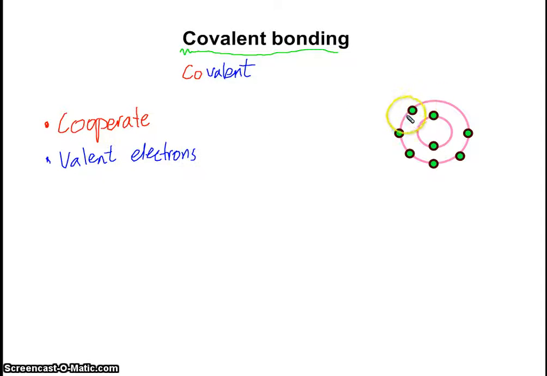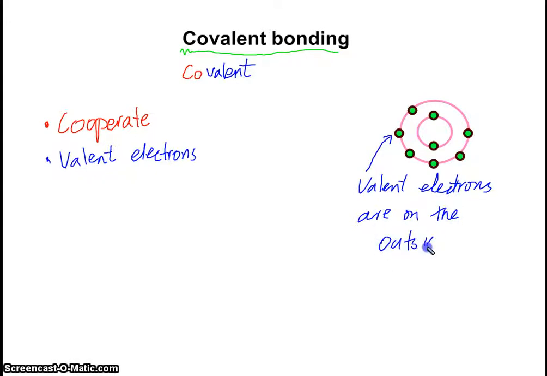Now the valent electrons are the ones on the outside. It's only the outside that matters in covalent bonding. It's only the outside that wants to be full, because remember, the inside is already full.